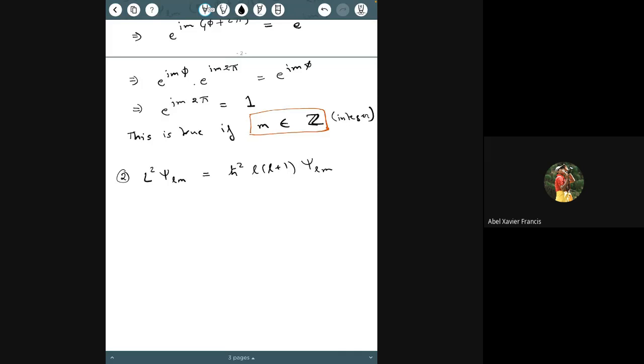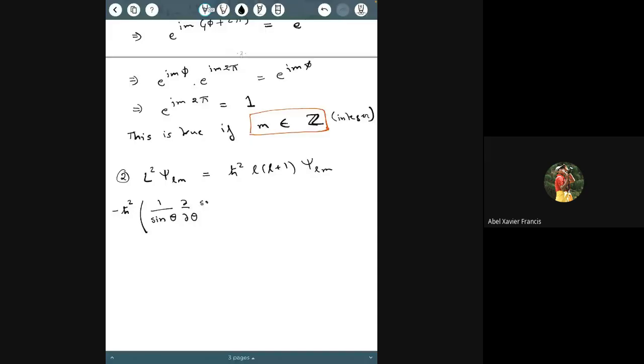I will just write the L square operator: theta, theta, 1 by sine square theta del square del phi square, and m. This is equal to h cross squared, this one, psi Lm.